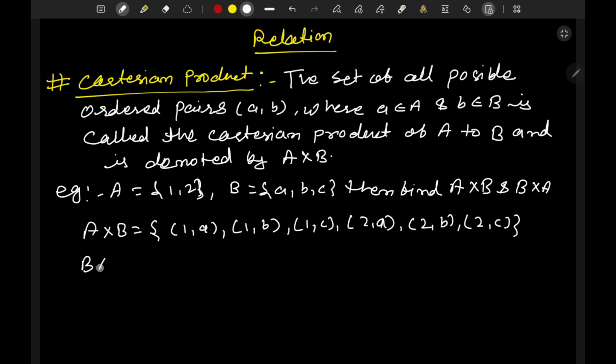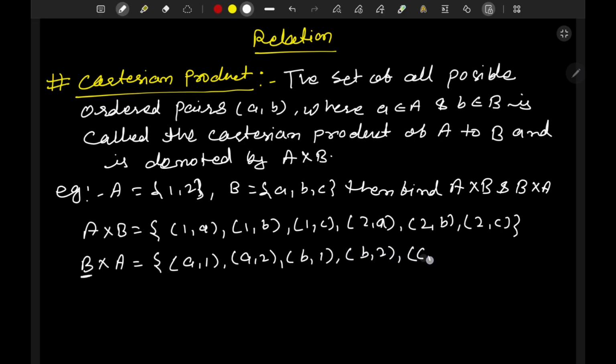Now B cross A. This is the first set B, so we write the first element from B first: (a, 1), (a, 2), (b, 1), (b, 2), (c, 1), (c, 2).